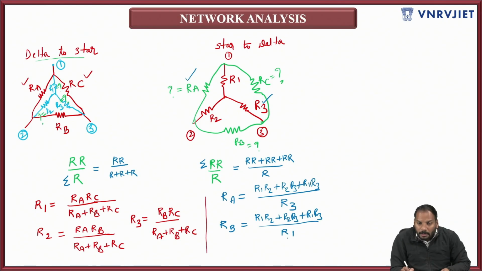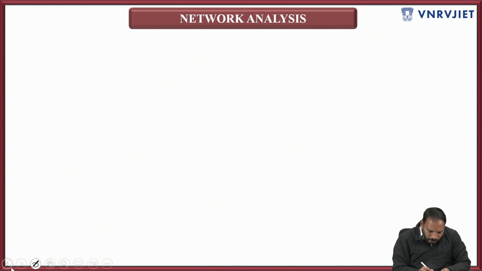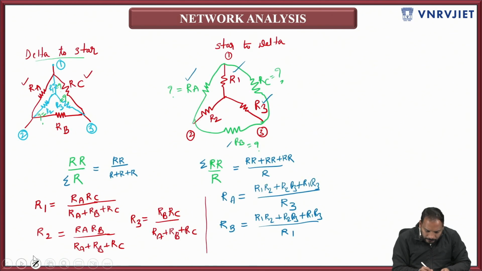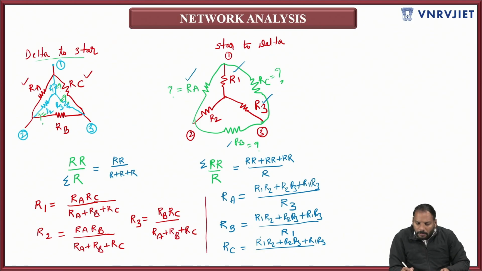You have here R1. So this is how you can do it. Lastly, the value of RC is given as R1 R2 plus R2 R3 plus R1 R3, whole divided by the resistor opposite to RC. So what is the resistor opposite to RC now?